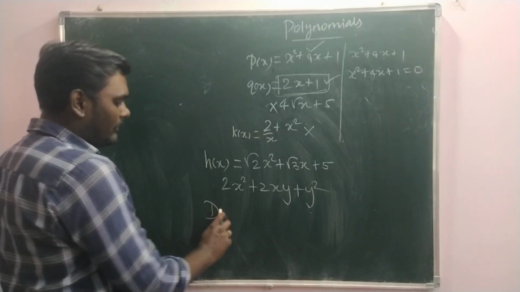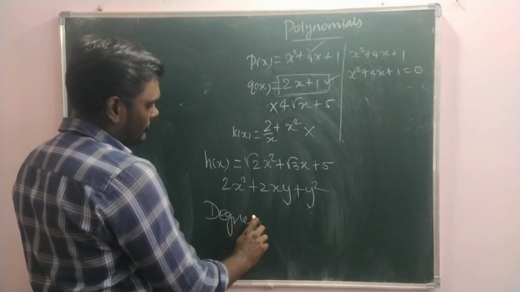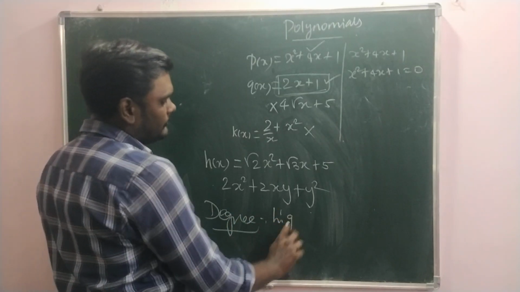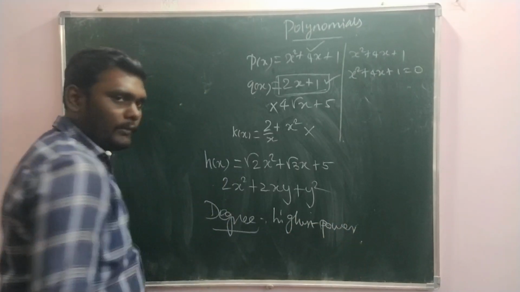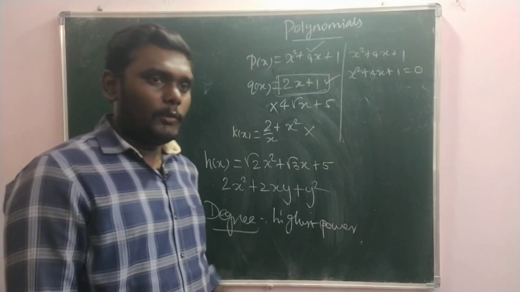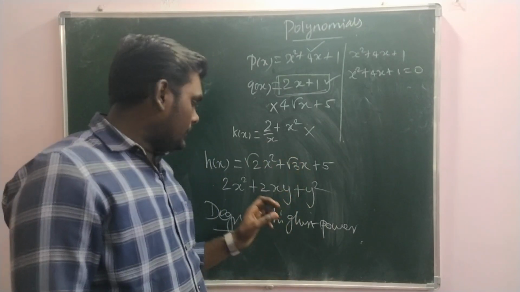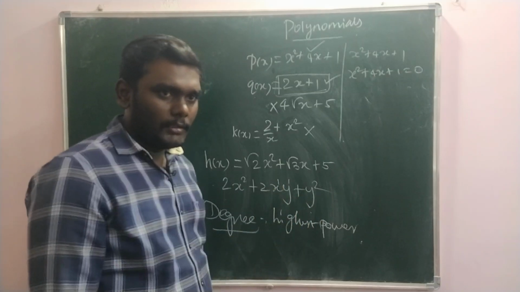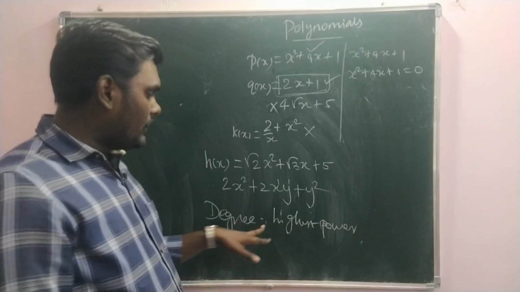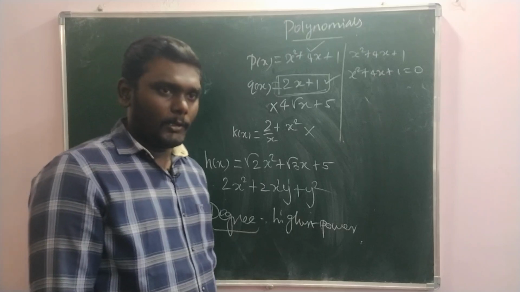You know what is degree of a polynomial? The highest power. The highest power of a variable. If more than one variable present, we should take the variables power sum. Okay, got it? So based on the highest power is called as degree of a polynomial.